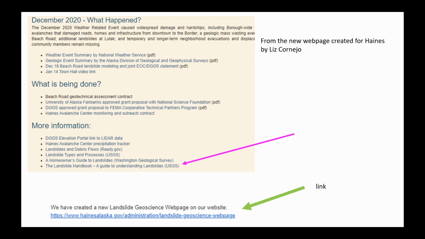You have to download it, but it has all sorts of information about different kinds of landslides, what the factors are, what you might do to mitigate, and there are all these other links that Liz Corneo put together. So I would suggest that you go look for that if you're interested in learning more about landslides. I'm not a landslide expert at all, so I can't really answer very many questions about landslides.